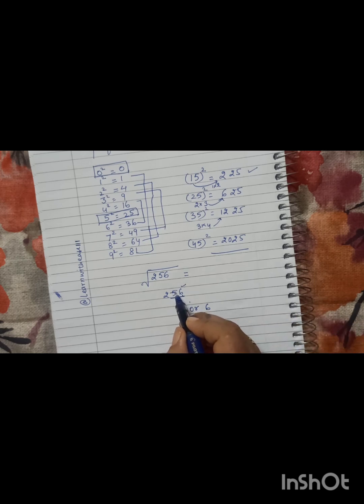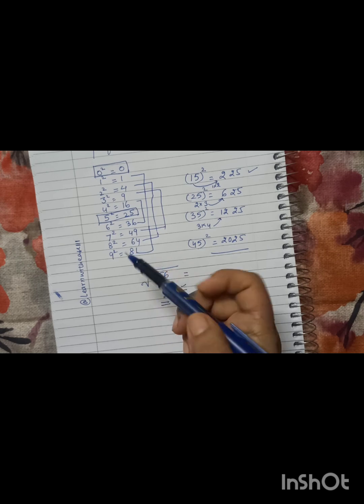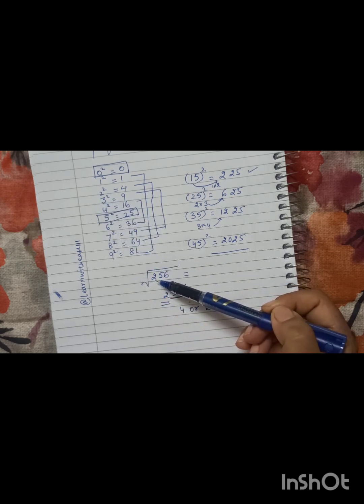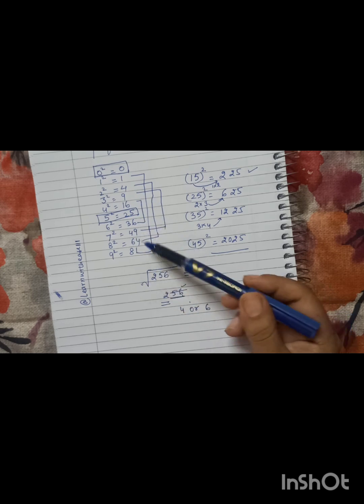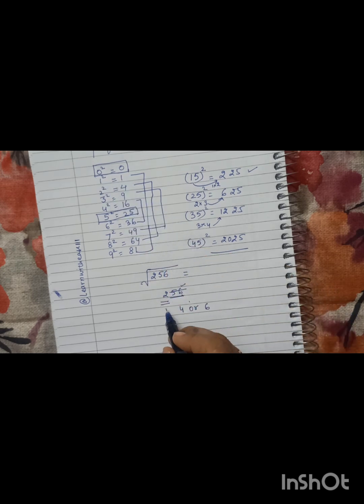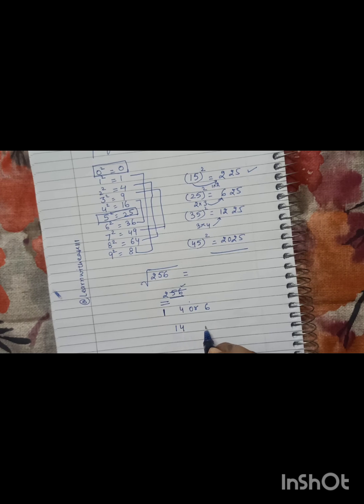And now cancel these two and we are left with 2. Now we need to search for the number whose square is less than 2. The number whose square is less than 2 is 1. So it will be 1 over here. Tens place will be 1. Ones place we are not sure, it's 4 or 6. So the answer is either 14 or 16, right?